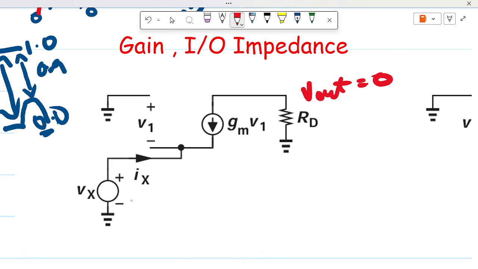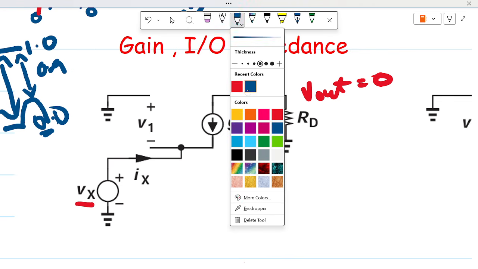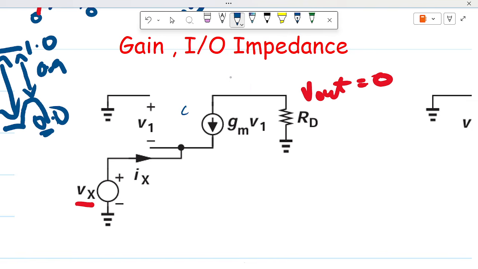Then we place at the input a test voltage source Vx. Then we measure the current that comes out from the test voltage source, which we are calling Ix. So the ratio of Vx to Ix should be equal to the input impedance.